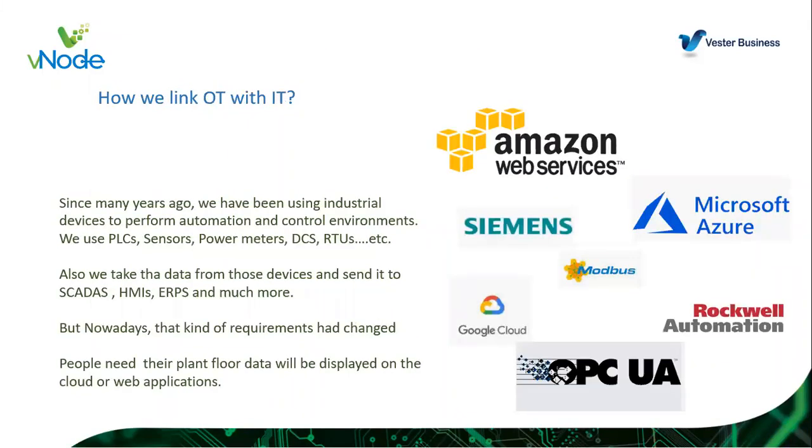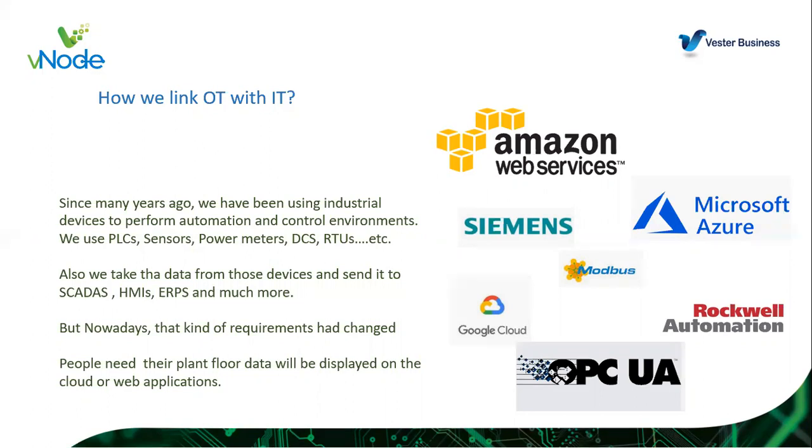Now, you may be wondering how we can integrate, if you are working with PLCs such as Siemens, or Schneider Electric, or Allen Bradley Robot Automation, or an OPC UA server from any vendor, how can I pull the data and publish directly to Amazon Web Services?